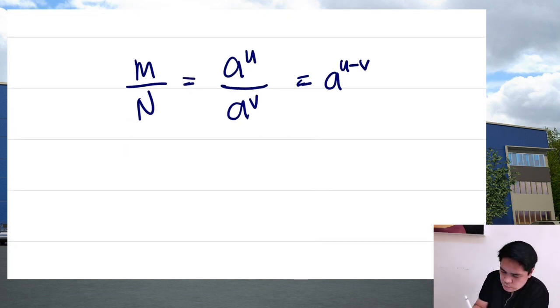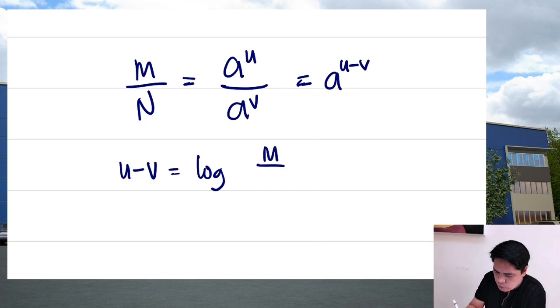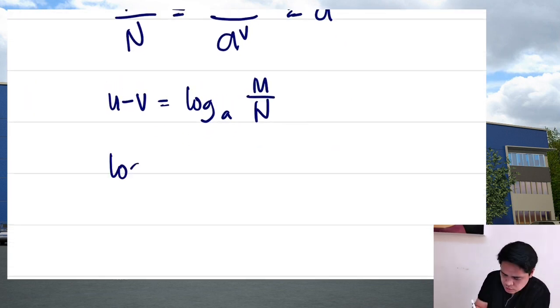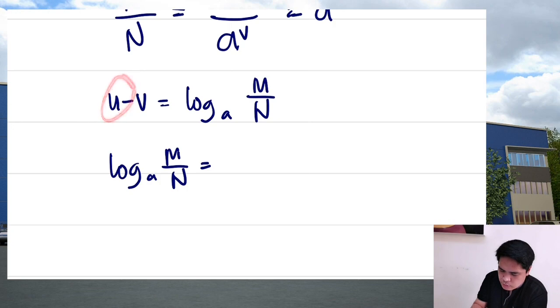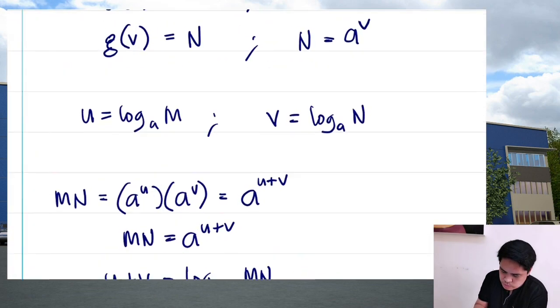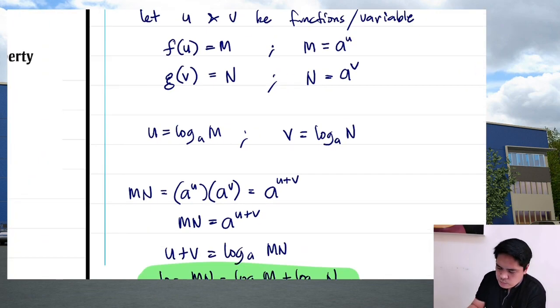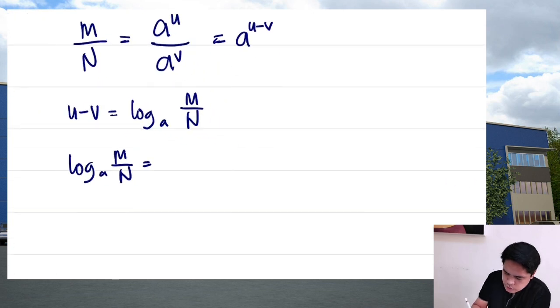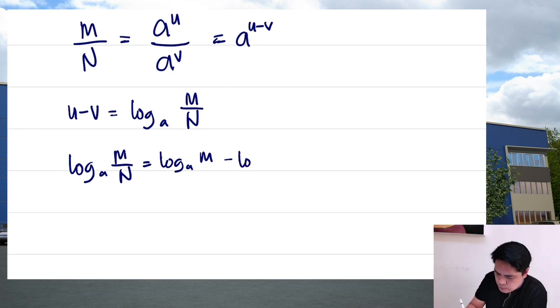Hence, in logarithmic form, u minus v is equal to the logarithm of m over n to the base a. Okay? Again, what is u? Balik na naman tayo dito. u is the logarithm of m to the base a, minus v, which is the logarithm of n to the base a.